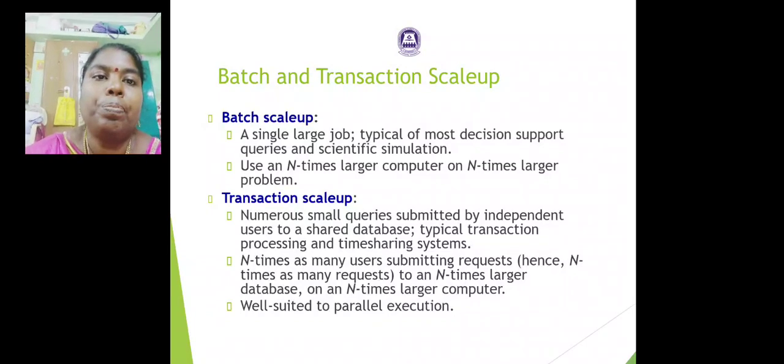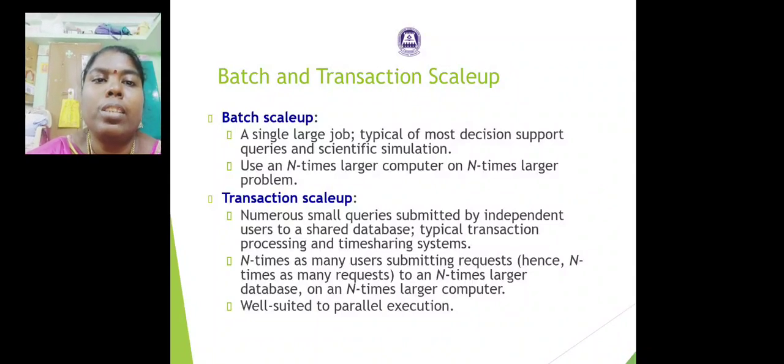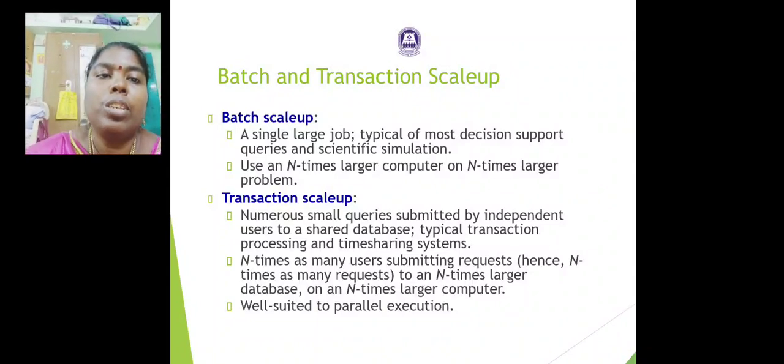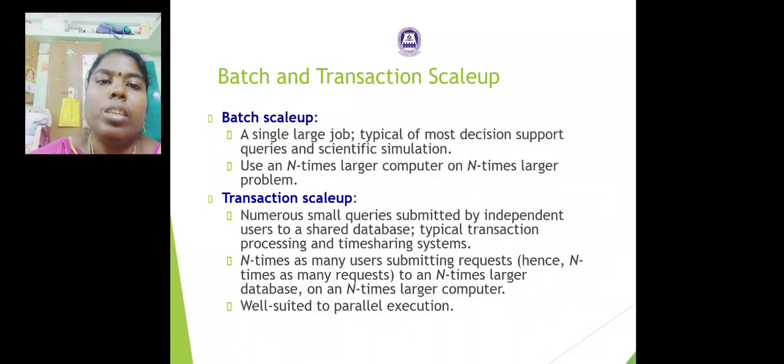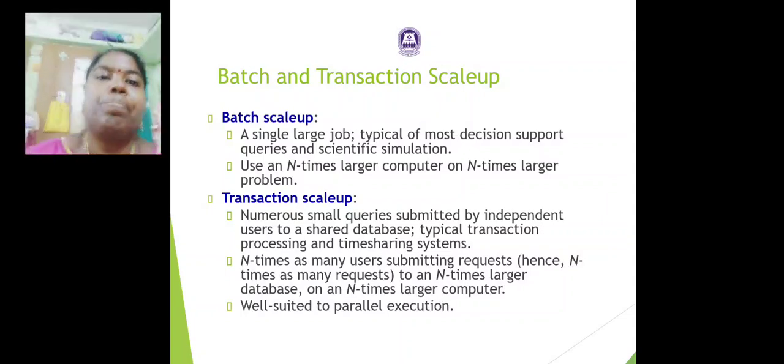Transaction scale up specifies numerous small queries submitted by independent users to a shared database, typical of transaction processing and time sharing systems. So n times as many users submit requests to an n times larger database on an n times larger computer. It is well suited for parallel execution.